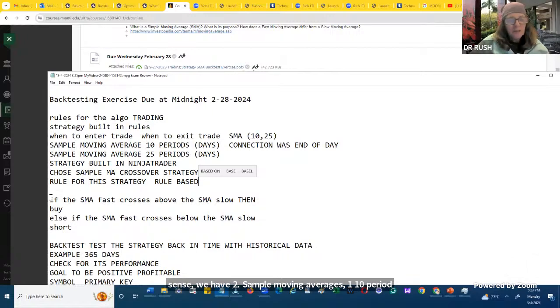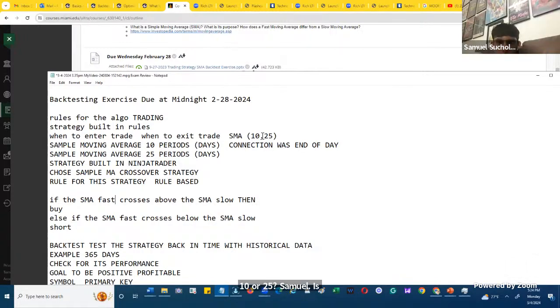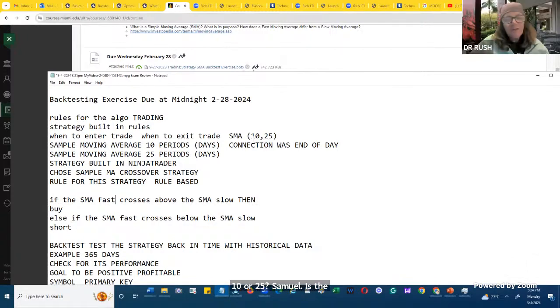into our trading strategy. And that reads, if the SMA fast, and among these, what's considered fast, 10 or 25? Samuel? The 25. What is considered fast? What takes us a quicker amount of time to average up? 10 periods or 25 periods?